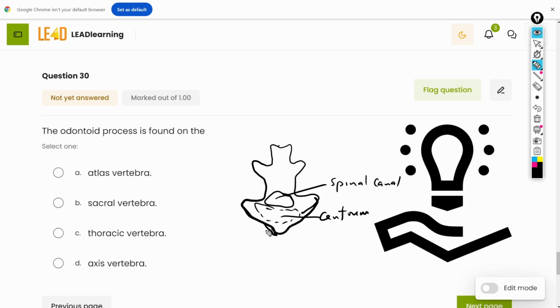Now, this gentle projection here is the odontoid process, and it is found in a special vertebra called the axis vertebra. Now, the importance of this odontoid process is that it attaches to the atlas vertebra in the neck, and that explains why the neck is able to carry out rotatory movement.